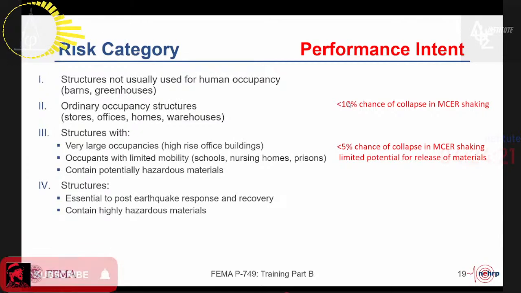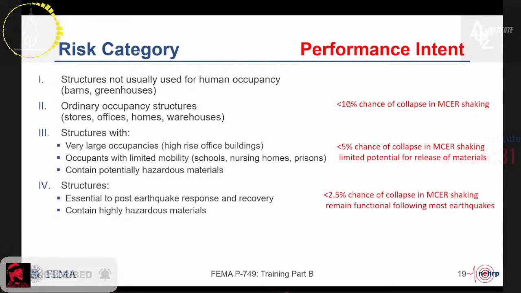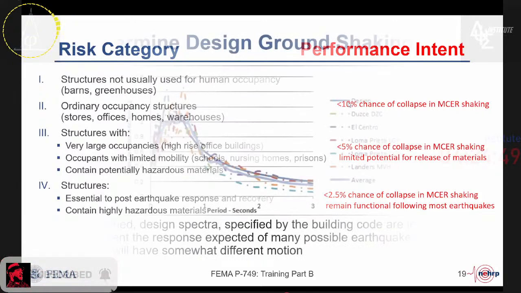This includes structures that are essential to post-earthquake response and recovery, or which contain high volumes of hazardous materials, which could harm a great many people if released. For these structures, ASCE 7 seeks to provide less than a 2.5% chance of collapse given MCER shaking, and provide an intent to remain functional following most earthquakes that are likely to affect the structure.